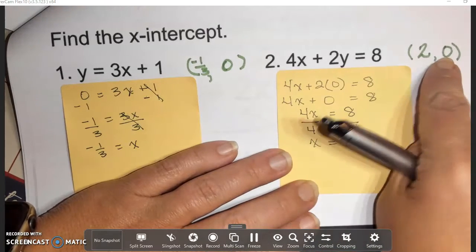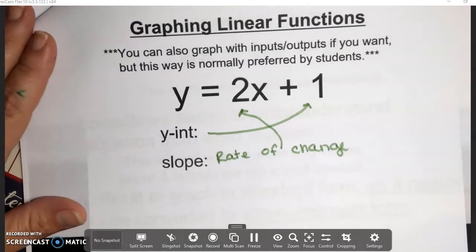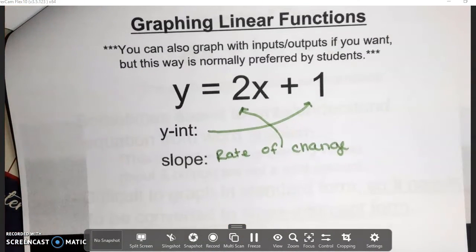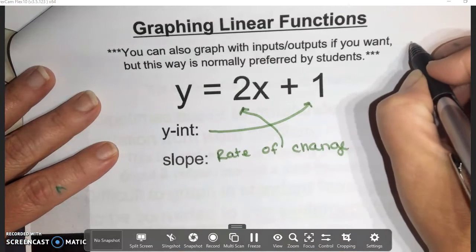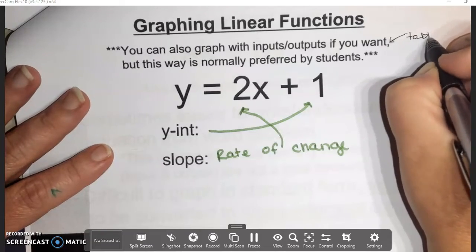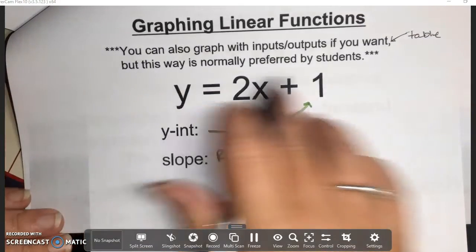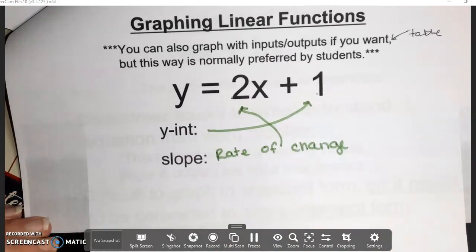So you take this and you plug it in there. Okay? So when you graph them, you can also graph with inputs and outputs if you want, but this way is preferred by students. So we could use it when graphing by inputs and outputs. That's our table. We could do that, but most of you know that this is your y-intercept, this is your rise over run, and how you're going to count it.